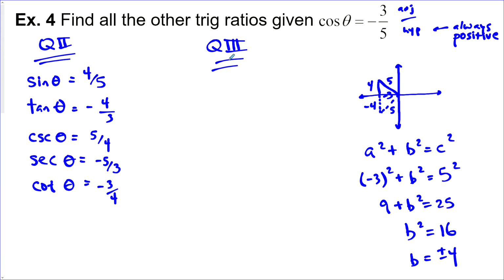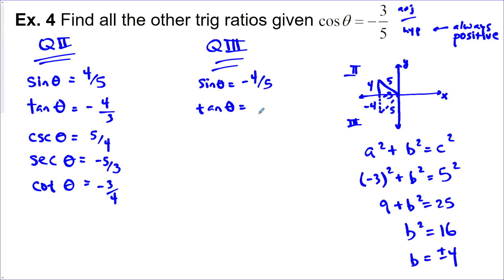Now for quadrant 3. So this is 2, this is 3 down here. Doing the same thing, just using the -4 instead of the +4. So the only change here would be using the -4, so sine is -4/5.